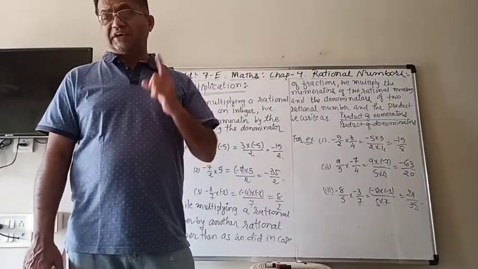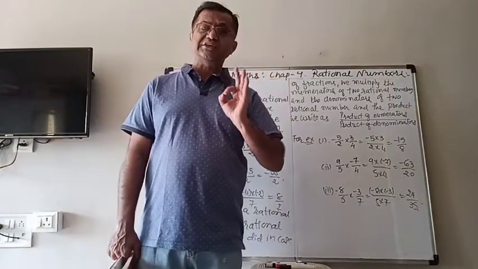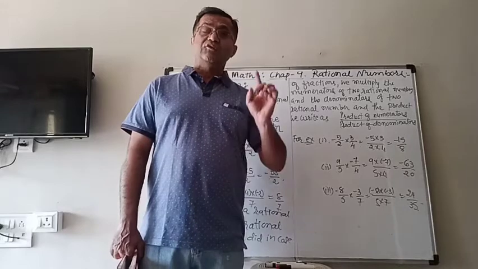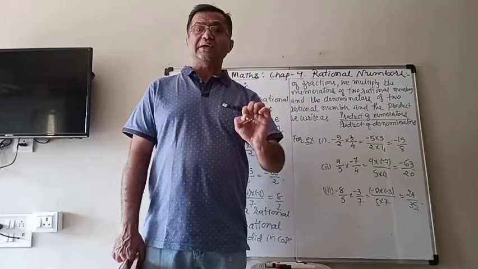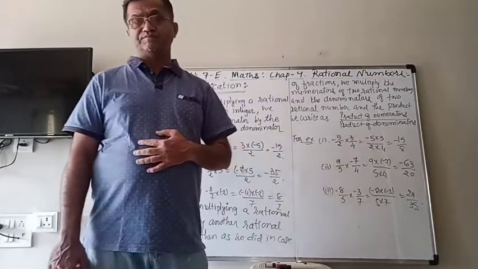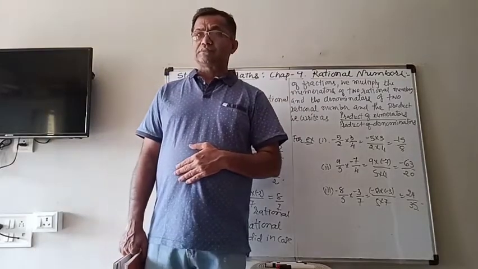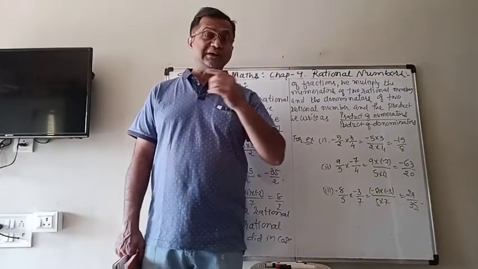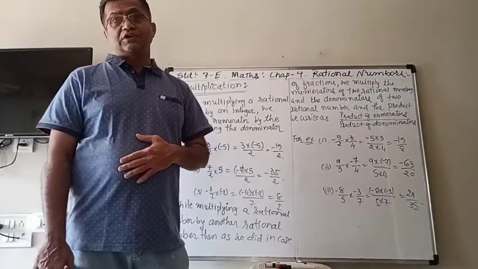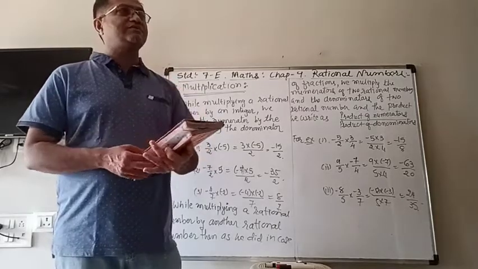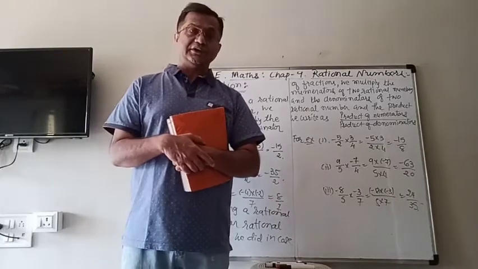Remember that when we multiply a rational number by an integer, we have to multiply the numerator only by that integer, keeping the same denominator. Only when we multiply by an integer. So that integer must be multiplied to the numerator only, not the denominator.